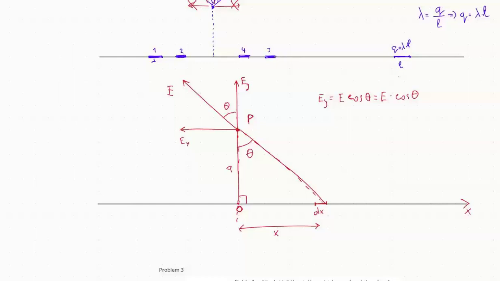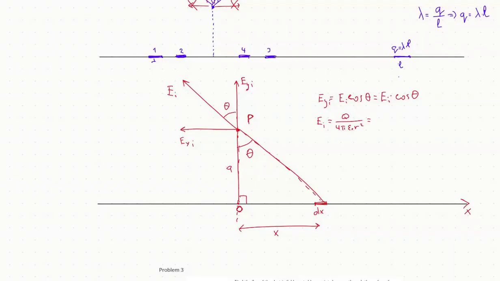Q is now, as we already know, lambda times dx.